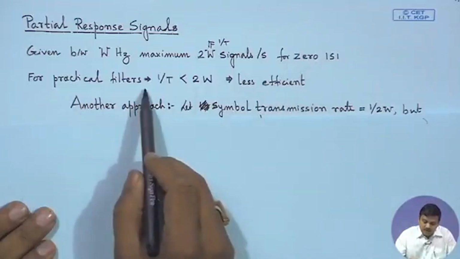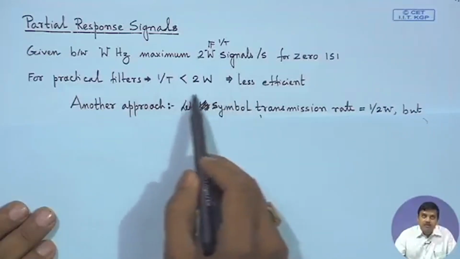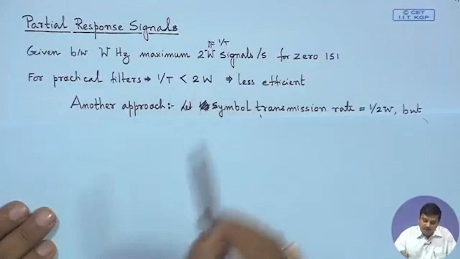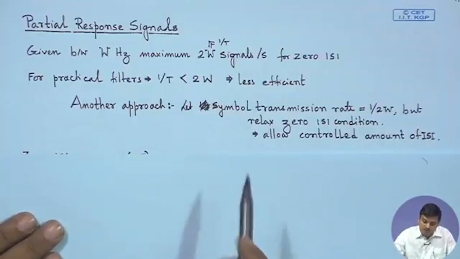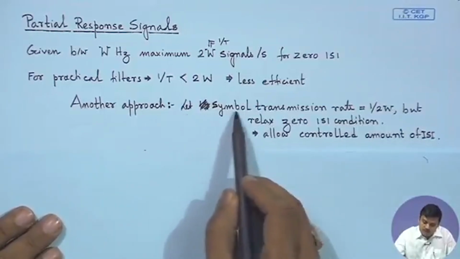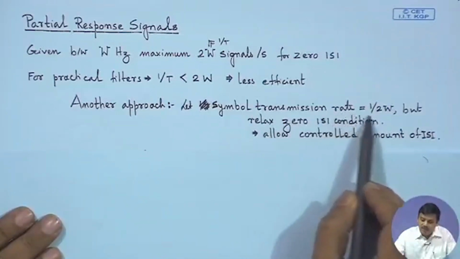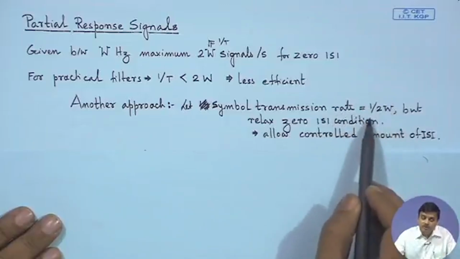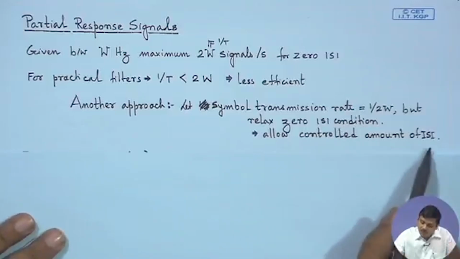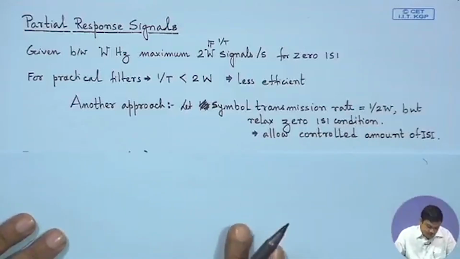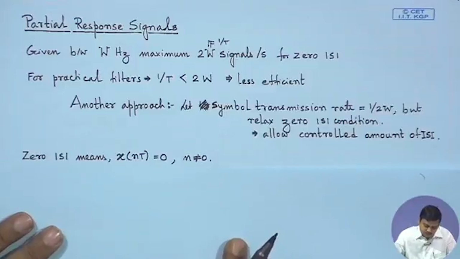For practical filters, this situation is less efficient. So, the different approach we can use is to let the symbol transmission rate be 1 by 2W by relaxing the 0 ISI condition and allowing a certain amount of inter-symbol interference.